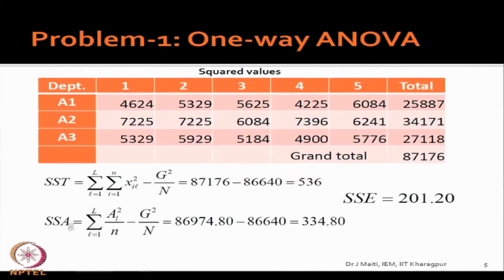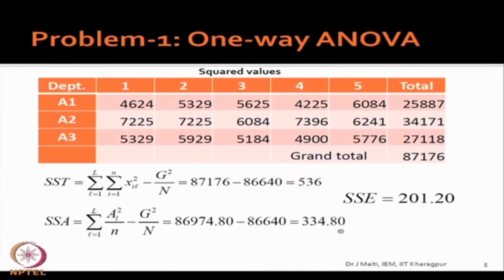So G square by N, that is 1140 square by 15, and this quantity is 536. Now SSA will be this one, L equal to 1 to capital L, AL square by N. You see what is this AL square? A1 square is 25,887, A2 square is 34,171, and the third one, A3 square, is 27,118. This sum divided by N, and then minus G square by N, this quantity will be 334.80.